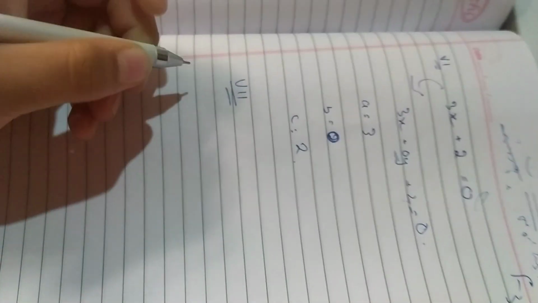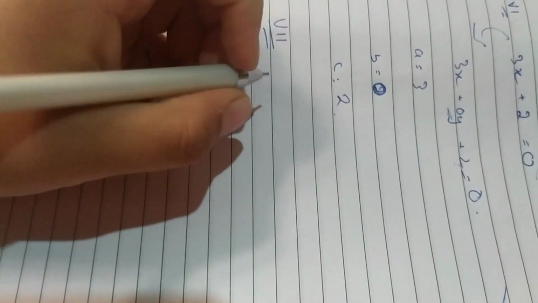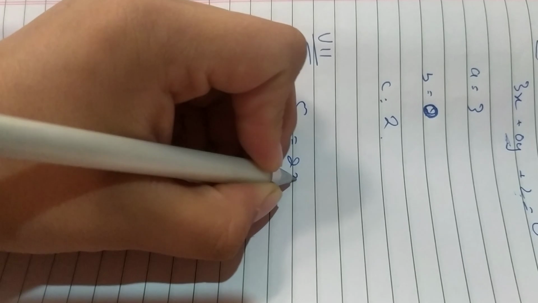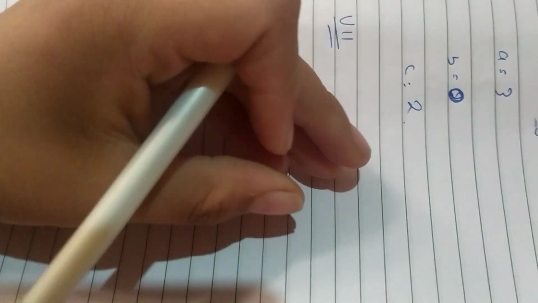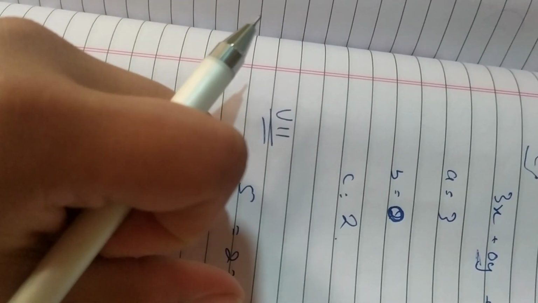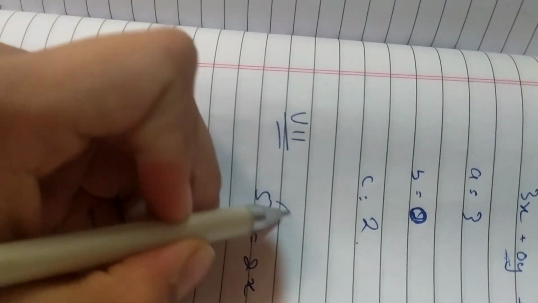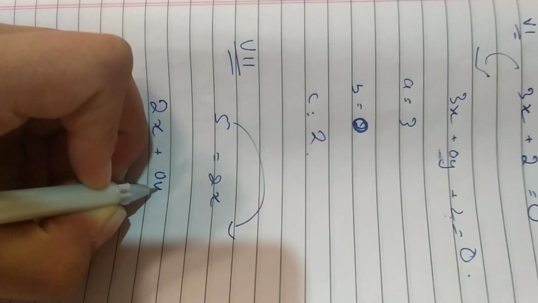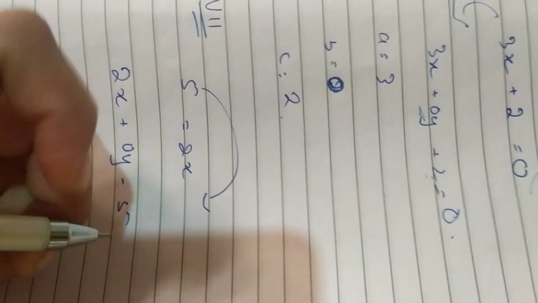In general form, 2x will come here. If we transpose, we will just bring this here: 2x plus 0y minus 5 equals 0.